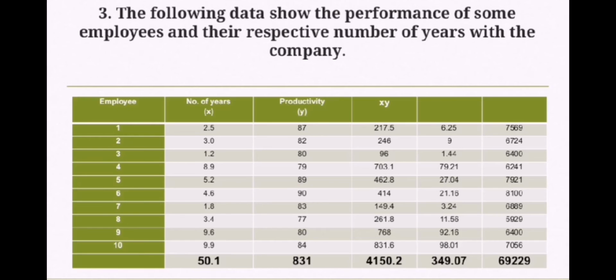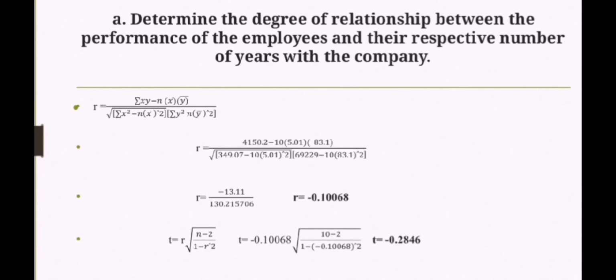Number 3. The following data show the performance of some employees and their respective number of years with the company. Letter A. Determine the degree of relationship between the performance of the employees and their respective number of years with the company.